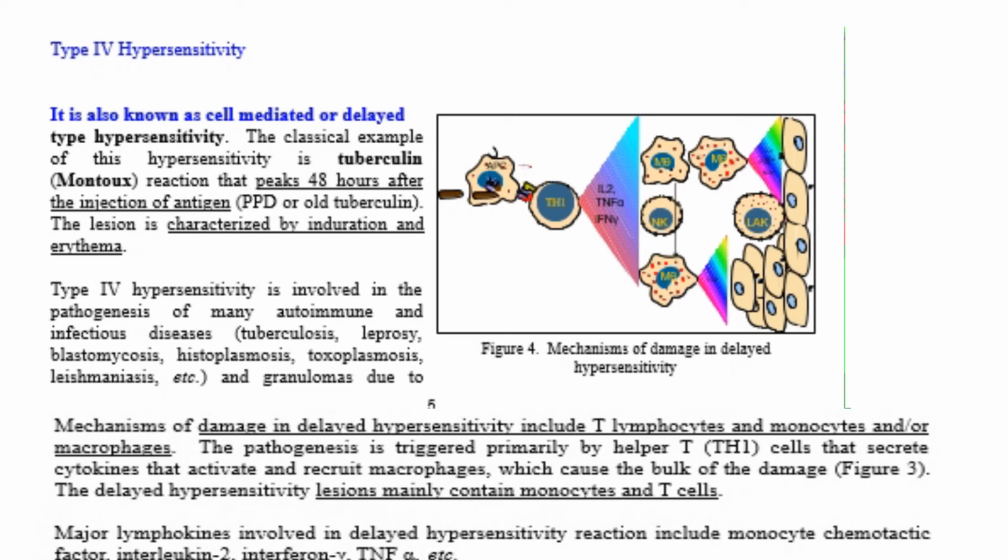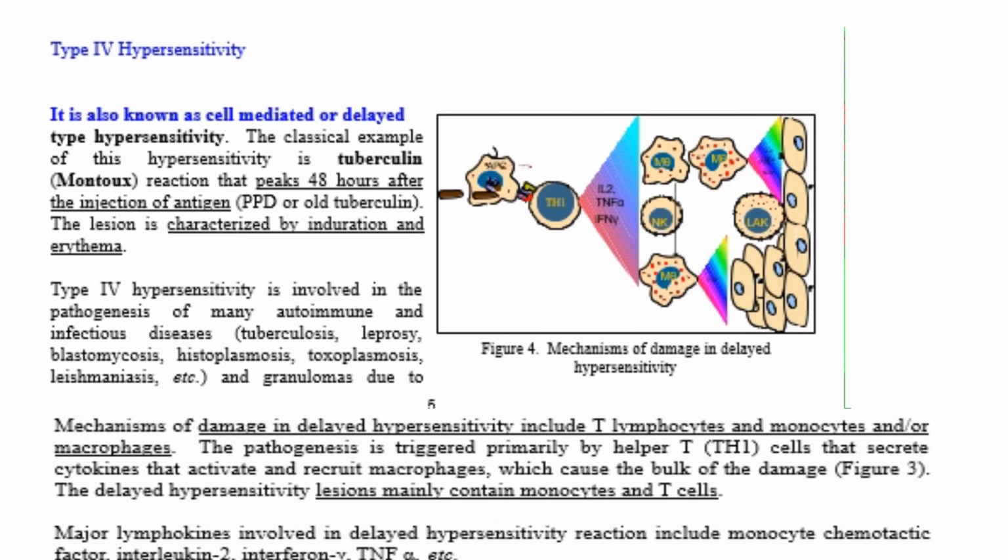The type 4 hypersensitivity reaction can be classified into three categories depending on the time of onset and the clinical and histological presentation. And this will be shown later on in table 3.